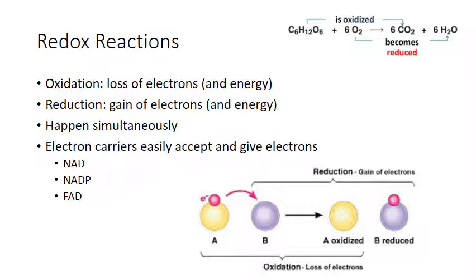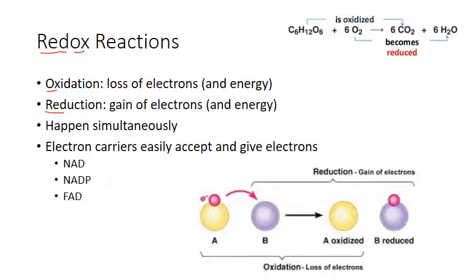Before we can start talking about anything having to do with metabolism, particularly in the mitochondria, we need to talk about something called a redox reaction. Redox comes from reduction and oxidation reactions, and they're always happening together, so they happen simultaneously. Oxidation means the loss of an electron.